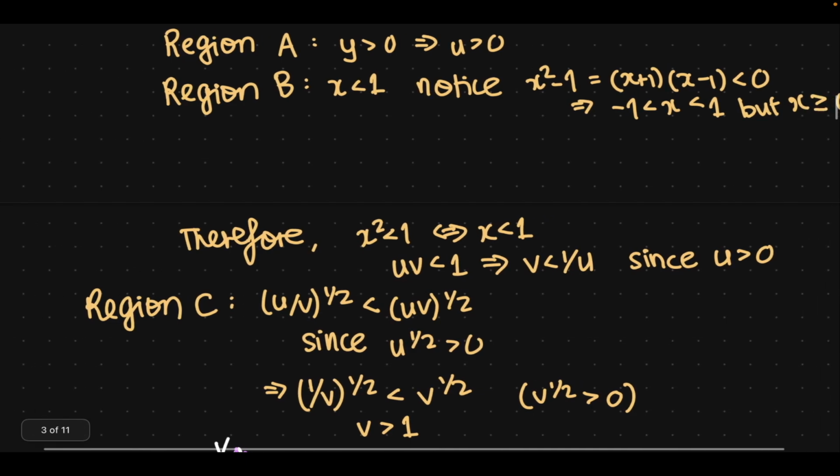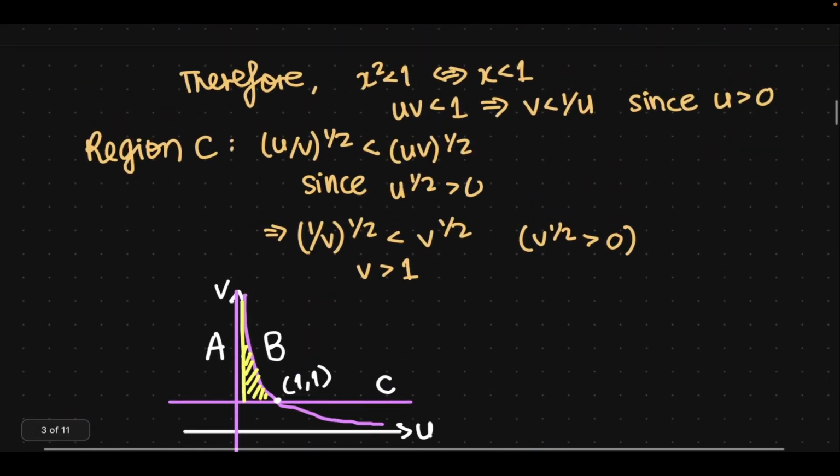Region B was v is less than 1 over u. So that is under the curve v equals 1 over u, under this curve that I'm highlighting. And the last one, region C, was v is greater than 1, which is basically above the line C.